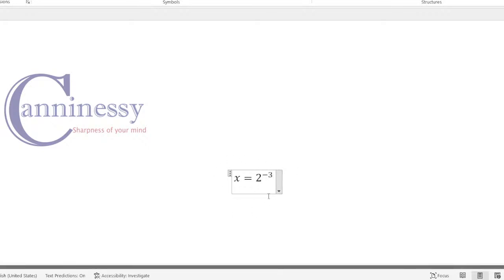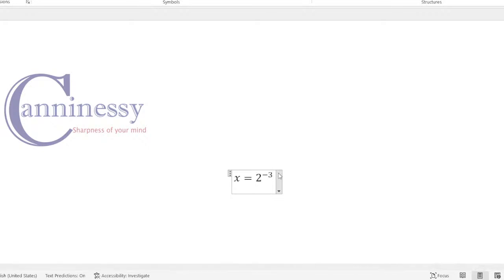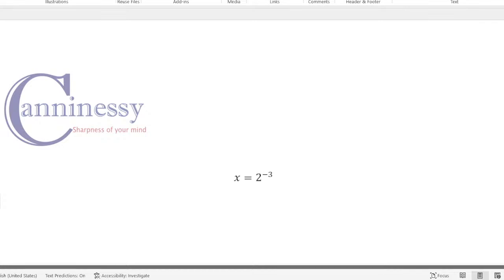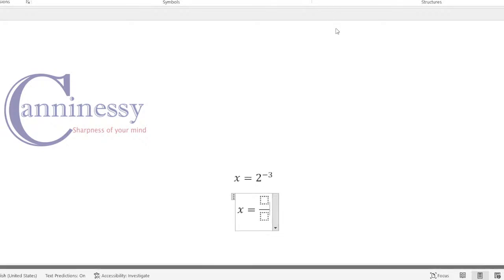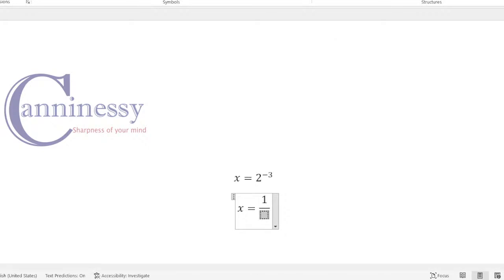Right, now let's change this. Our answer will be x is equals to 1 over 2 to the power positive 3.